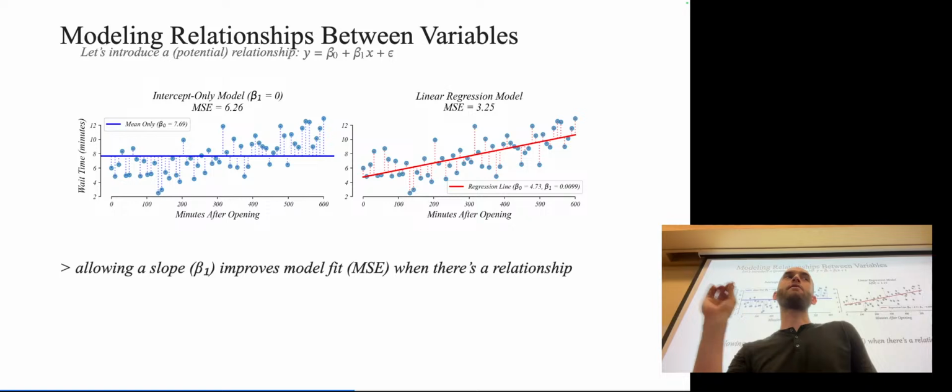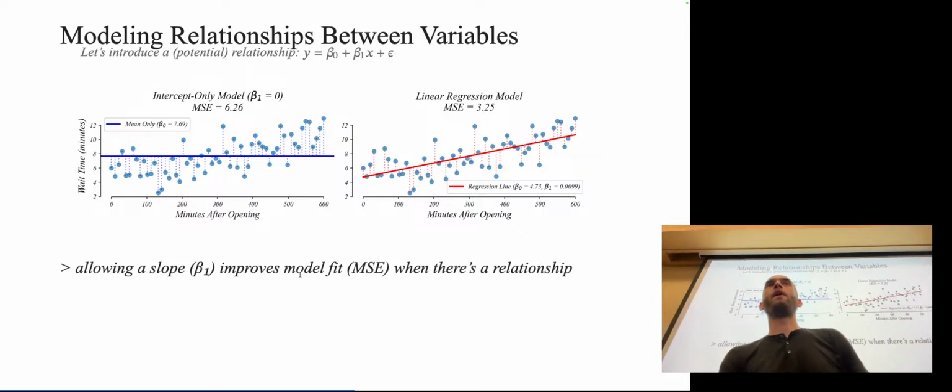So our model is less wrong when we introduce a slope. You can see the mean squared error went from 6.26 to 3.25. So when there's an underlying relationship in the data, adding a slope coefficient improves the fit of our model. So our model is better.